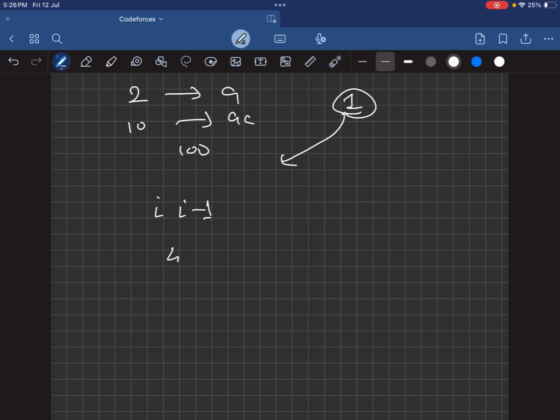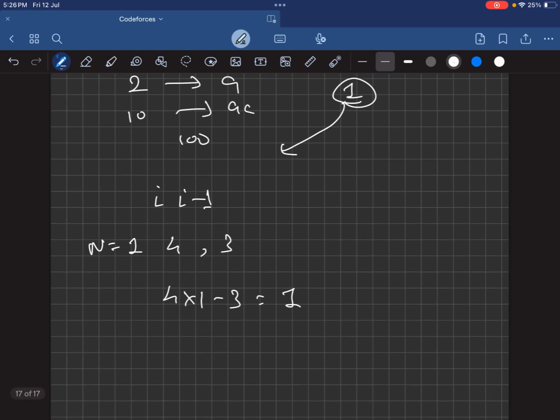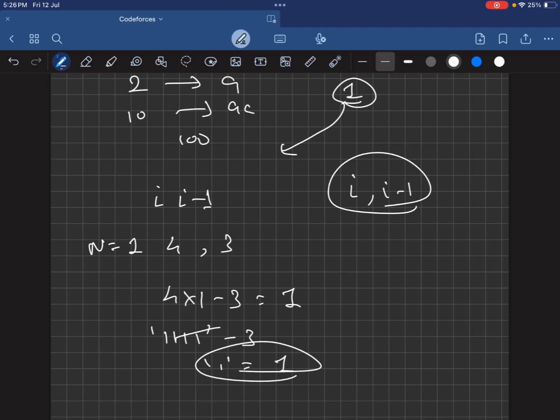For example, if you take 4 and 3, 4 into 1 minus 3 is equal to 1. If you take 1 as a string, then 4 into 1 will look like 1111, and if you subtract 3, it will remove the last 3 digits, so it will give you 1, which is equal to 1. So every pair of type i and i minus 1 will be true when n equals 1.